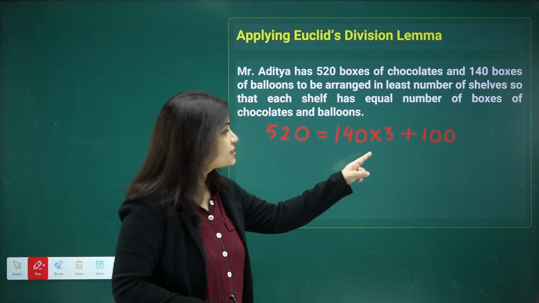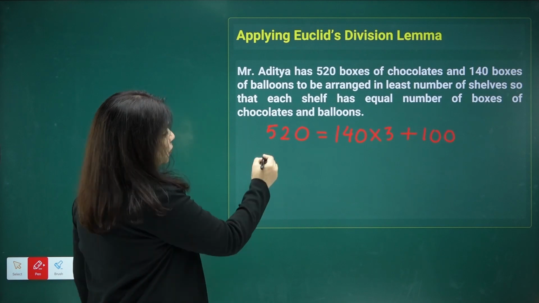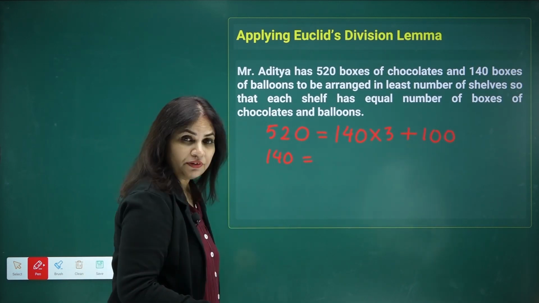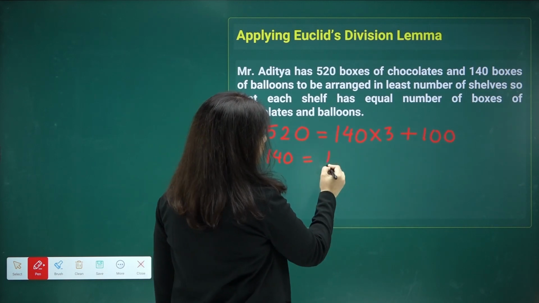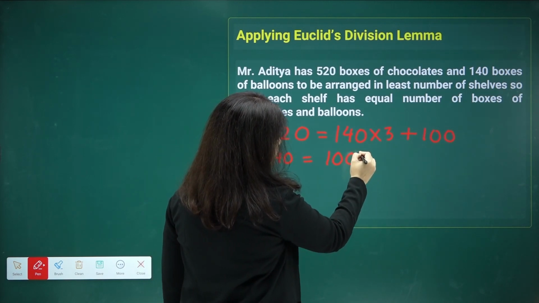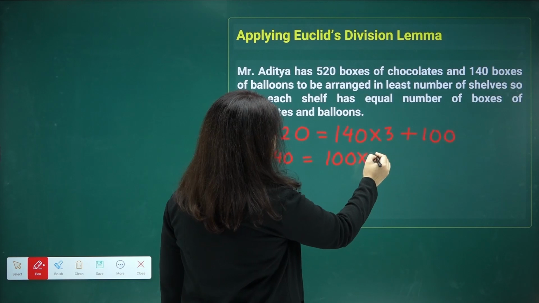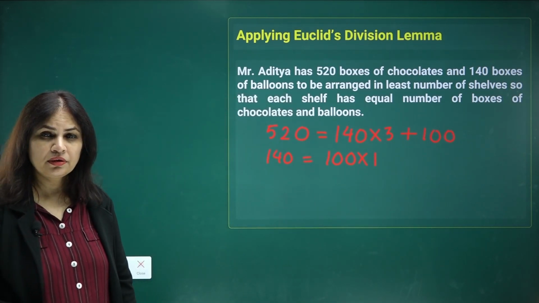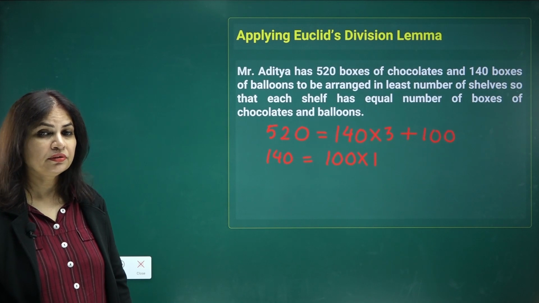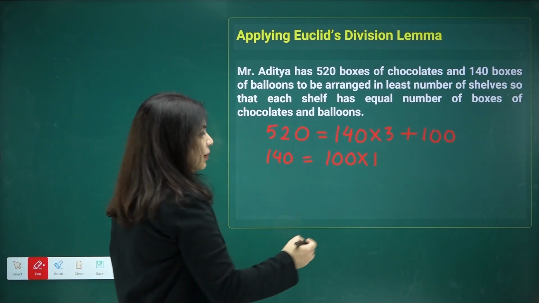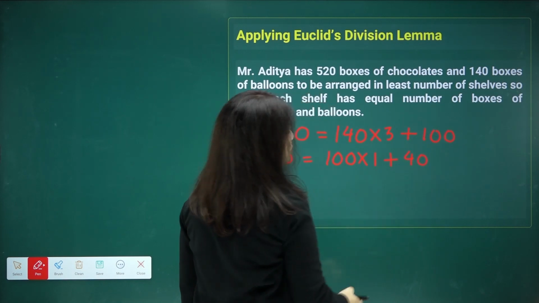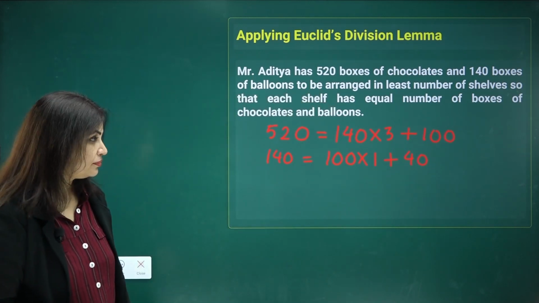Now this 140 will again be divided using 100 as one of the factors. So 100 into 1 will give me 100, but the number is 140, so 40 more has to be added.